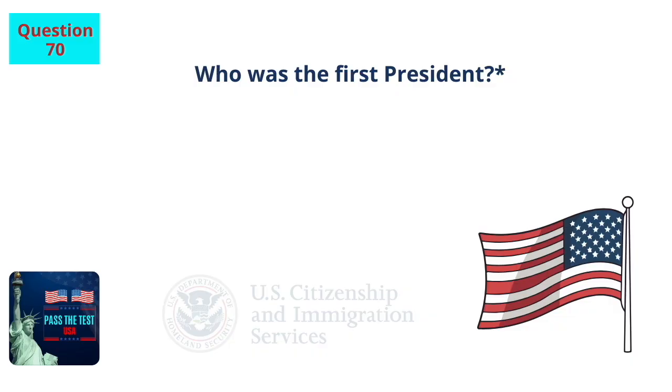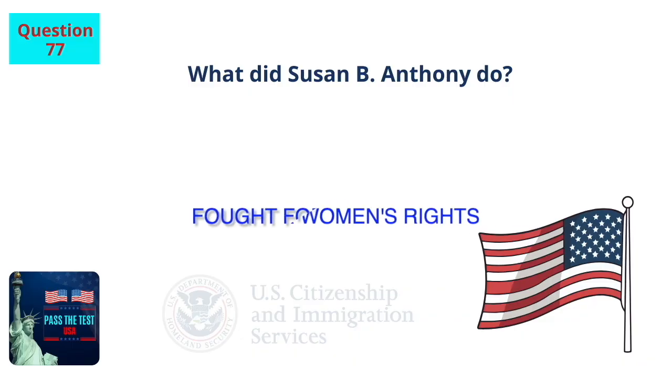Who was the first president? George Washington. What did Susan B. Anthony do? Fought for women's rights.